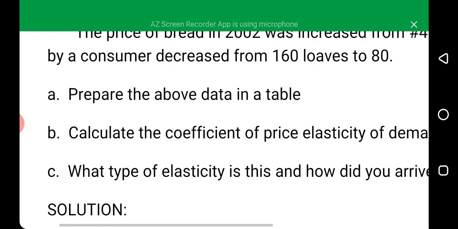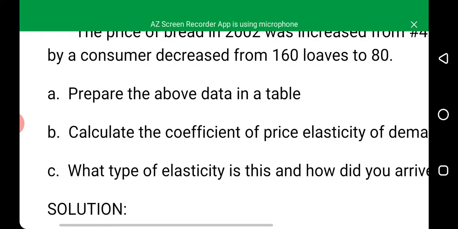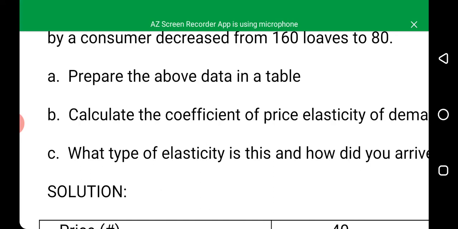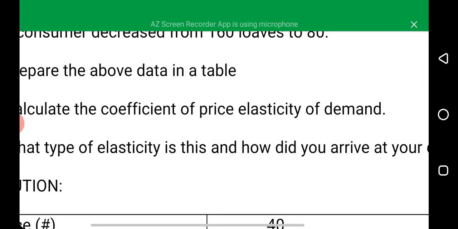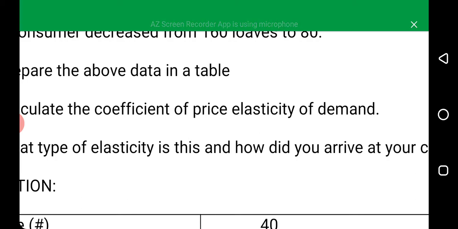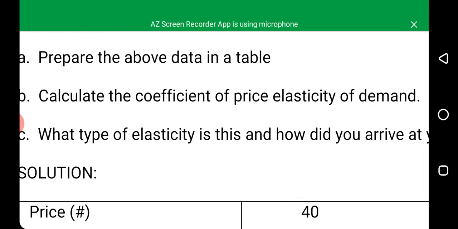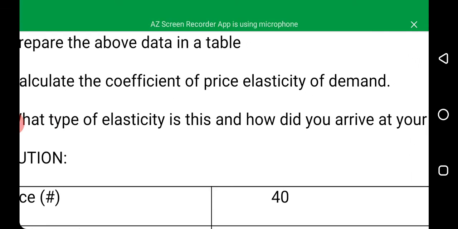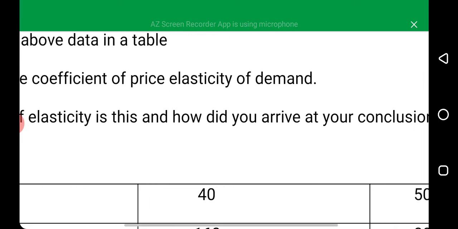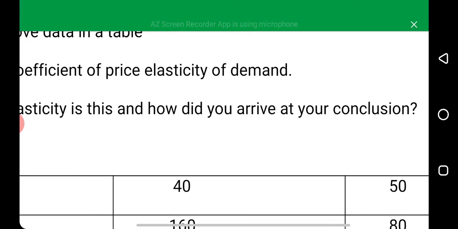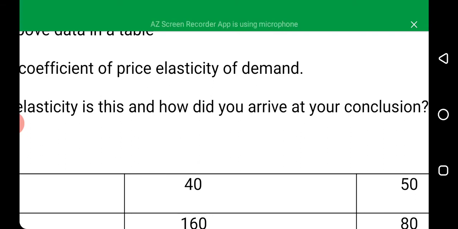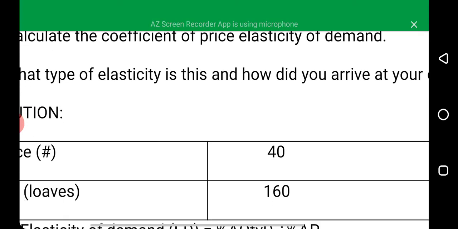So we are to prepare the data in a table. 2b, we should calculate the coefficient of price elasticity of demand. That is to calculate the elasticity of demand. And lastly, to state the type of elasticity in this question and how we arrived at our conclusion. That is, we should give the reason. If you say your elasticity is elastic, why? If it is inelastic, why? If it is perfectly inelastic, you should state reasons for your conclusions.